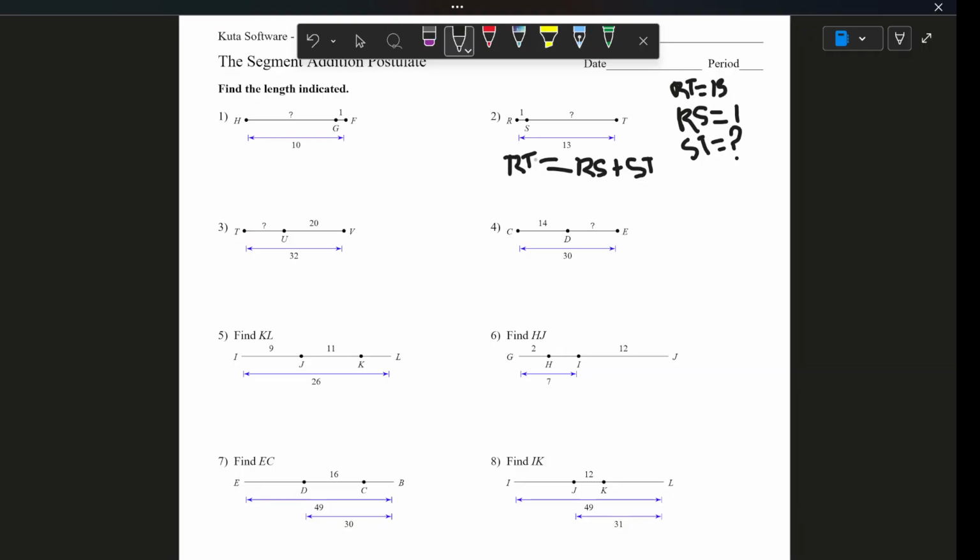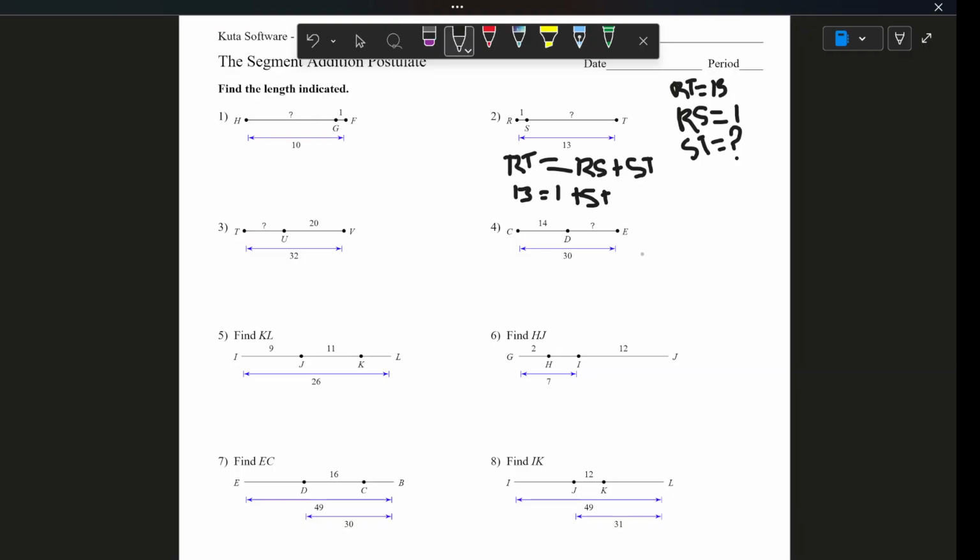We know RT to be 13. So 13 equals RS, which is 1, plus ST, because we don't know ST. I'm trying to figure out ST.